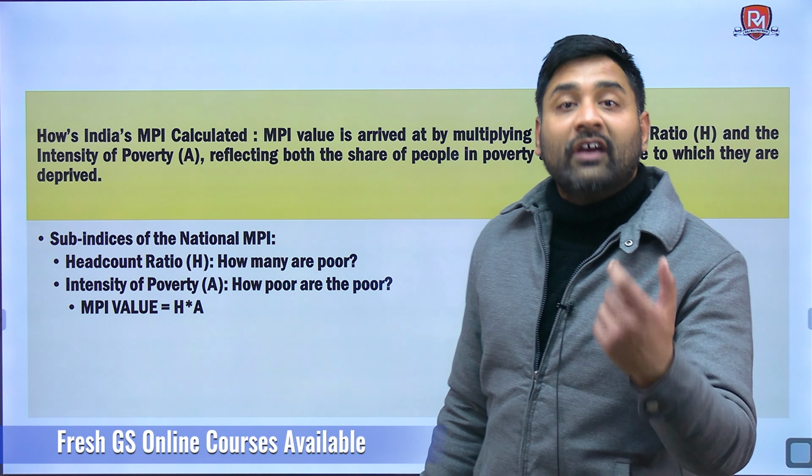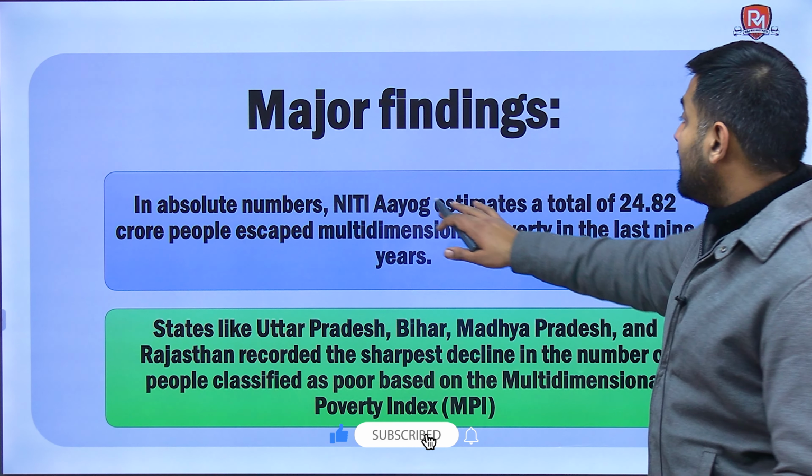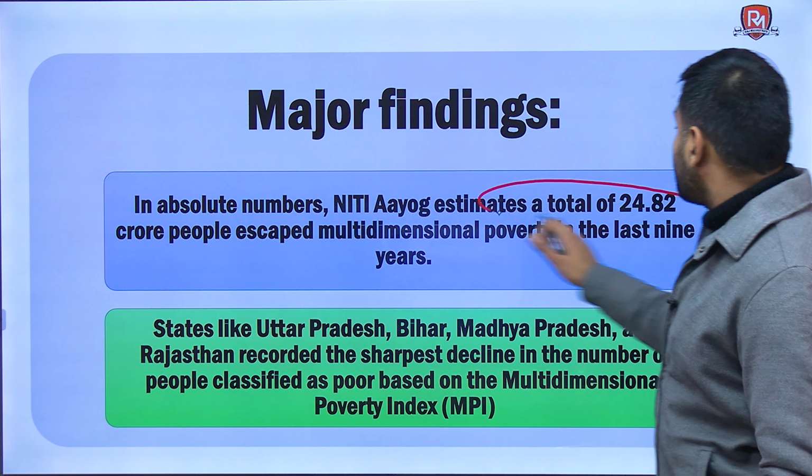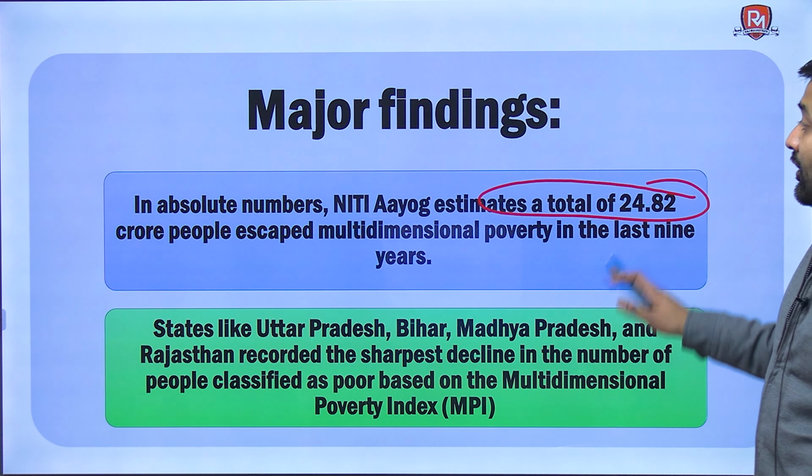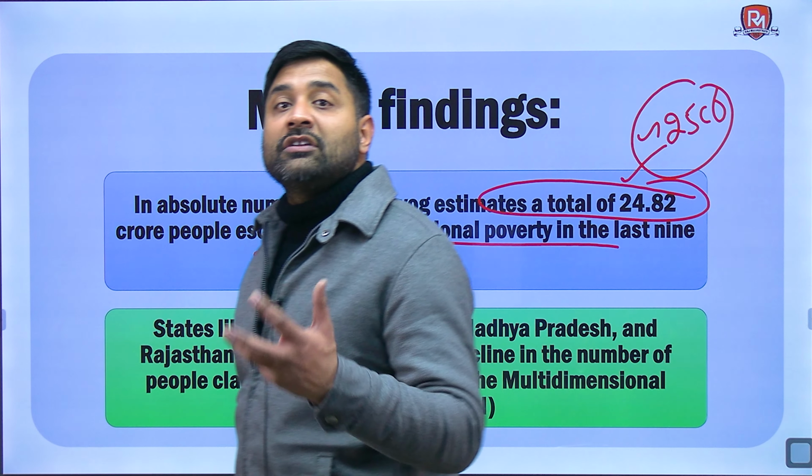Now, in absolute numbers, as per Niti Aayog, 24.82 crore people escaped multidimensional poverty. Out of the total number of poor in India, near about 25 crore people have escaped multidimensional poverty.